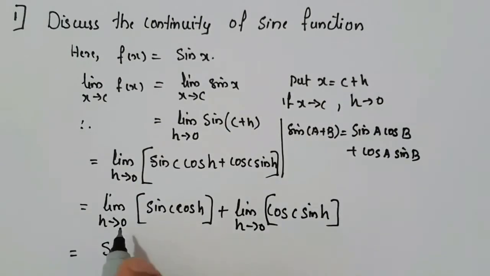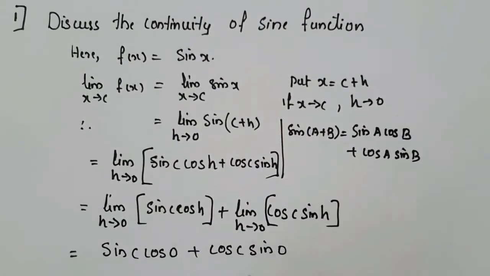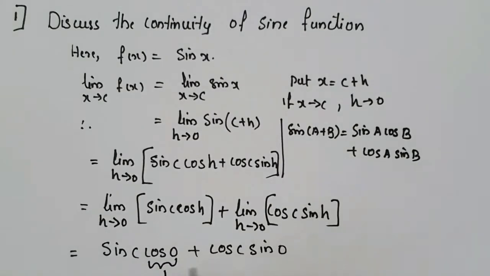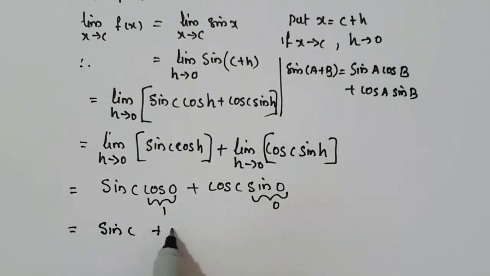Now apply the limits. So this is equal to sine c into cos 0 plus cos c into sine 0. Now cos 0 is 1 and sine 0 is 0. So this is equal to sine c plus 0, which is sine c.